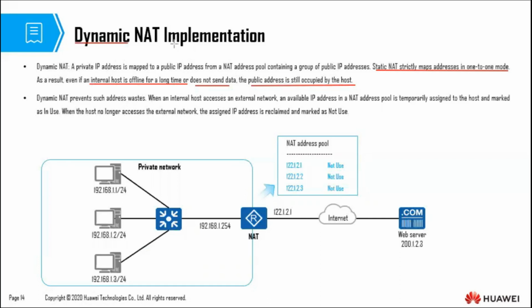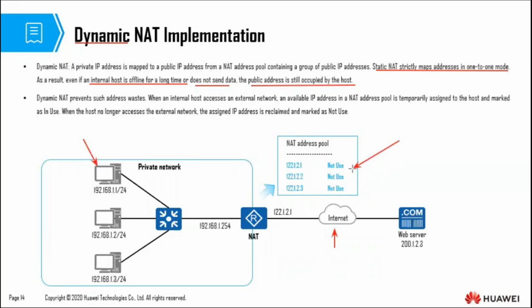The assumption that dynamic NATing makes is that not all internal devices will want to access the internet at the same time. So the assumption is that internal hosts can be more than the available public IP addresses.